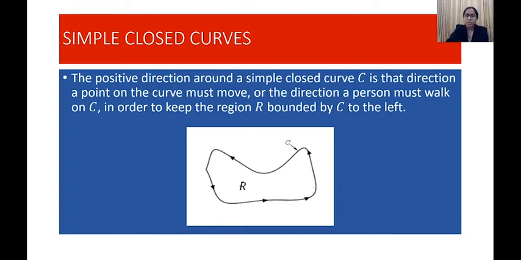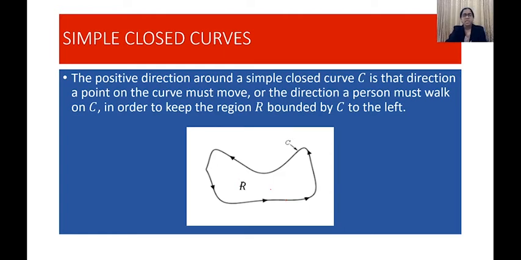When I move this point like this, it's better you imagine yourself standing here and walking in this direction. Then on which side will the region lie? The region will lie on your left side. If I'm standing here and moving in this direction, then the region will be on your right, so that is not the positive direction.